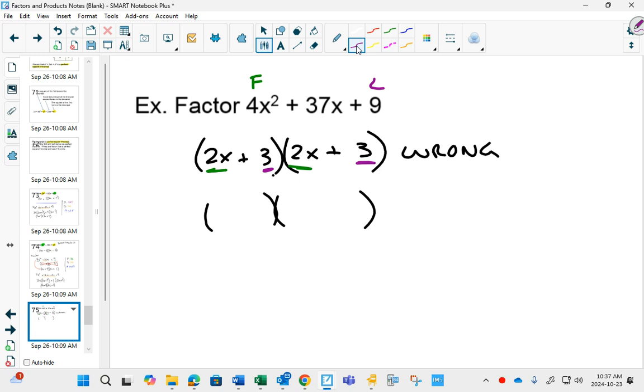But this would be absolutely the first thing I would try. I would notice the perfect squares, and that would be the first one I'd try, and it doesn't work.